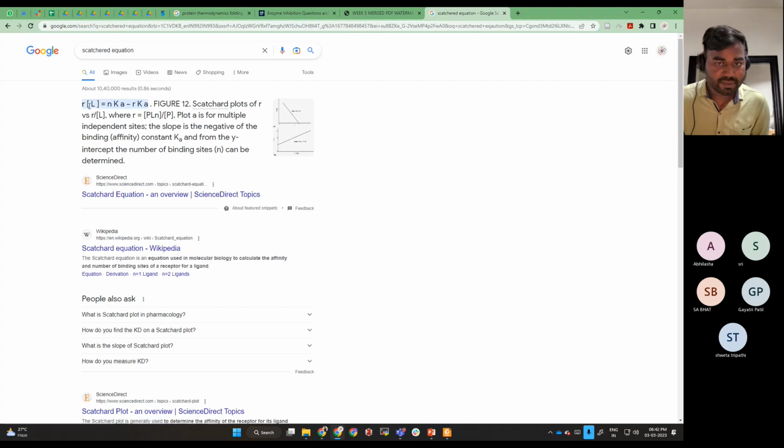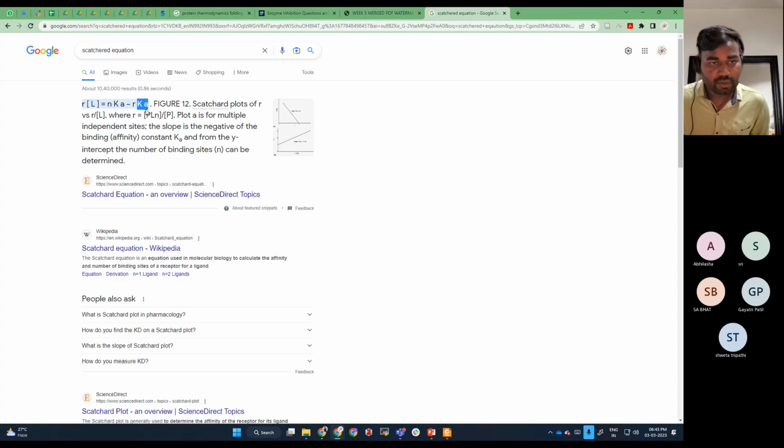So this is the scatter equation, where R by L is the ratio of ligand bound and free protein. In the x-axis intercept you will find N, the number of binding sites.